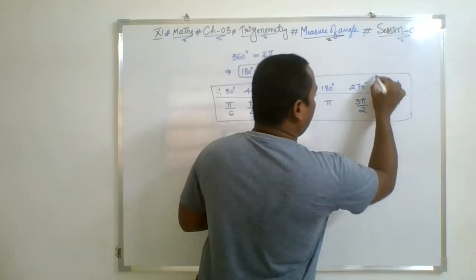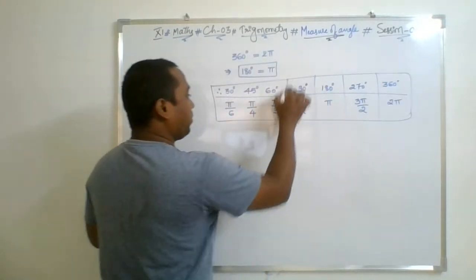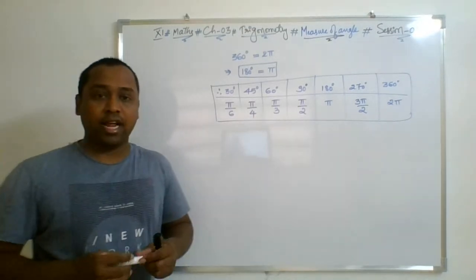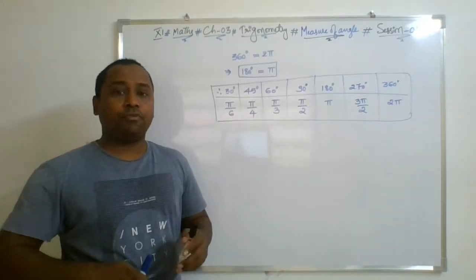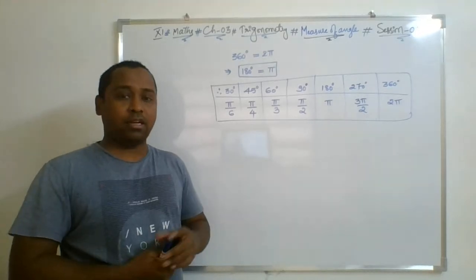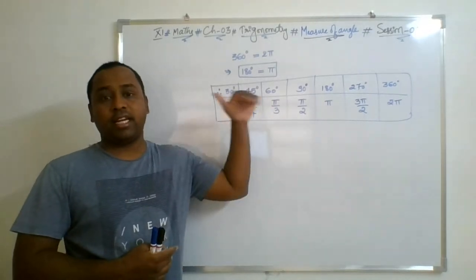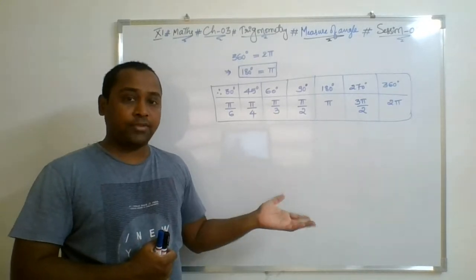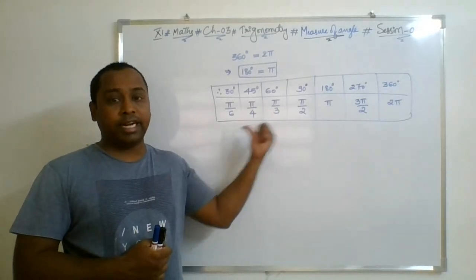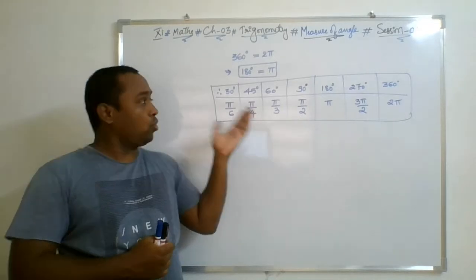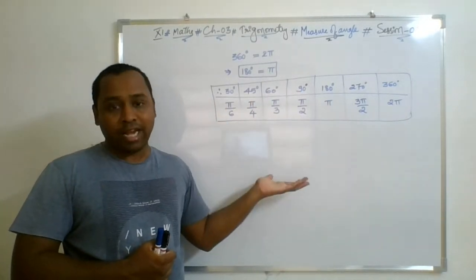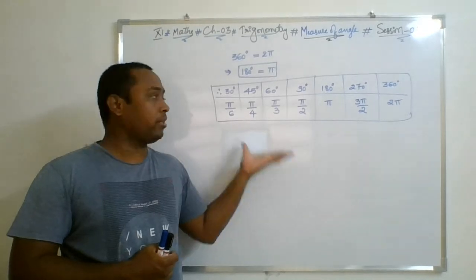And even further, in this entire trigonometry chapter, we are generally using the angle in terms of radians instead of degrees. That's why you need to practice the angles in radian language. You already know the degree language, you just need to learn the second language of measuring angles, that is radian.